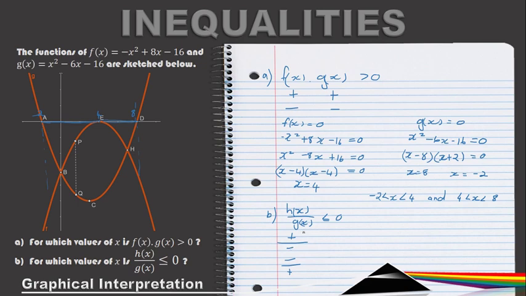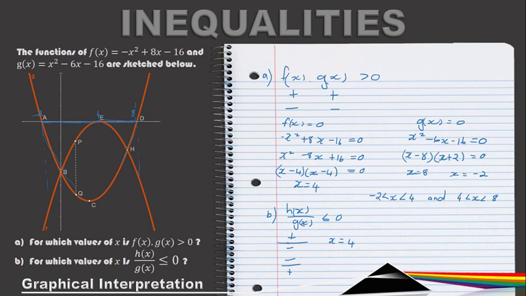For the first condition, where is h(x) positive? There's no place where it's actually positive, but it is equal to 0 over here on 4. And where's g(x) less than 0? It's everywhere from A to D. So the only place where this first condition is valid is at x equals 4.